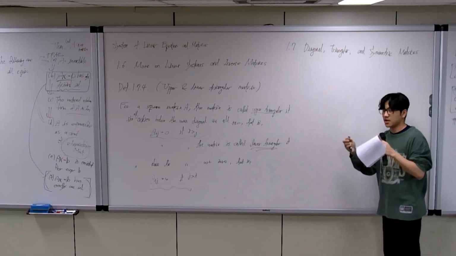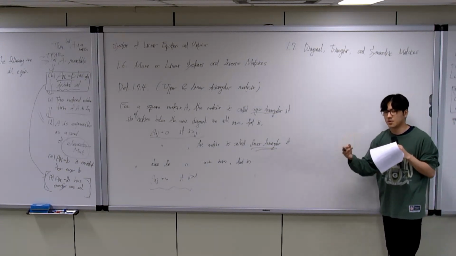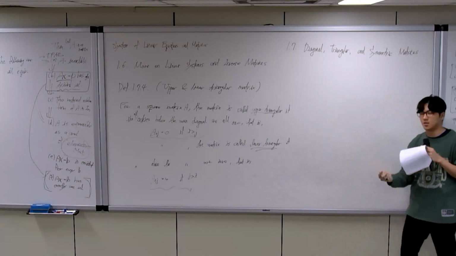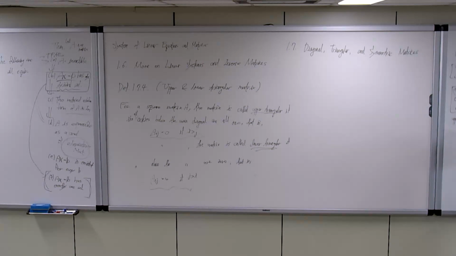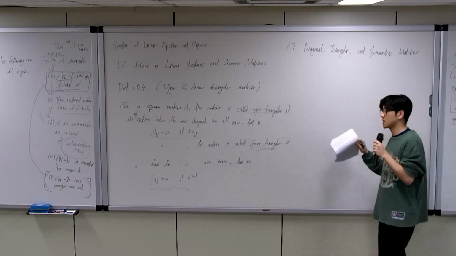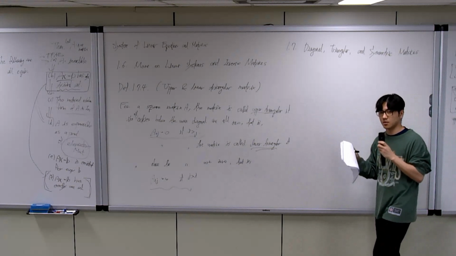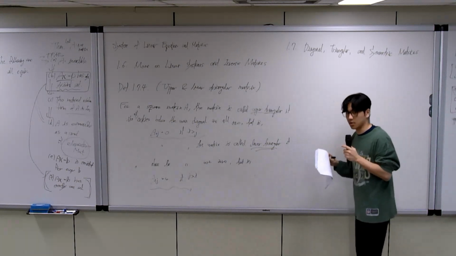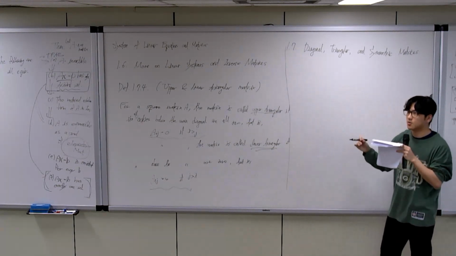I explained diagonal matrix multiplication: if we multiply two diagonal matrices, then it will also be a diagonal matrix. Triangular matrices are also closed under matrix multiplication. So if we multiply two upper triangular matrices, then it will be upper triangular. Of course, it is satisfied for lower triangular too.